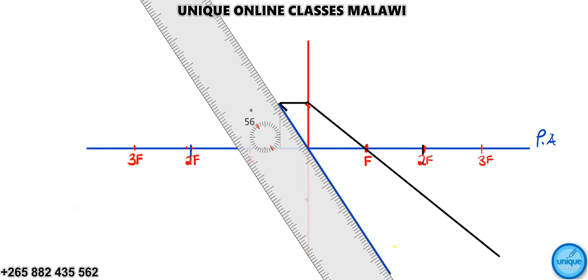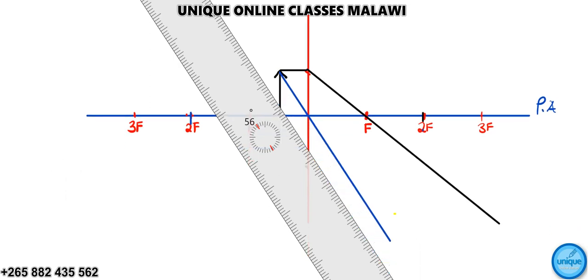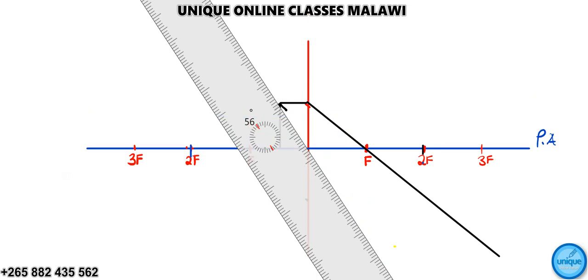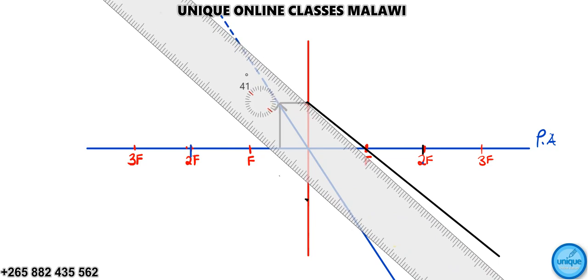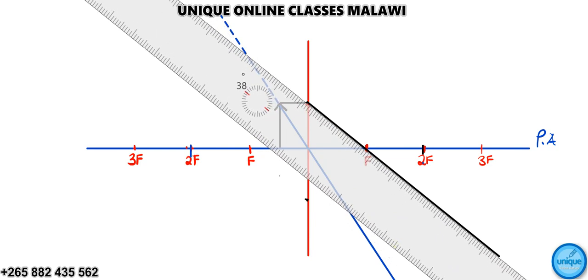You see, to the right of our lens they do not meet, but these lines I think they can meet this side here. If we trace the principal ray and the central ray, you can see they are meeting on the same side where we have our object.